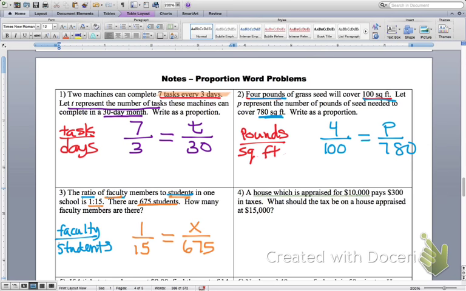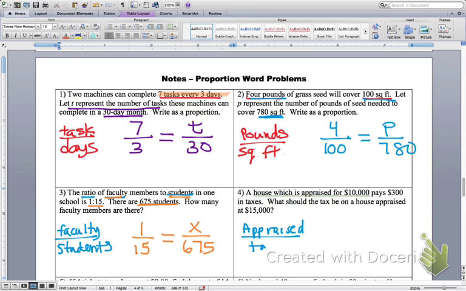All right, next one, a house which is appraised at $10,000 pays $300 in taxes. So we're talking about the value of the house versus the taxes you would pay for that house. So let's go ahead and set that up. So we want to set the appraisal. Let's put appraised. You can also use any other value like home value.